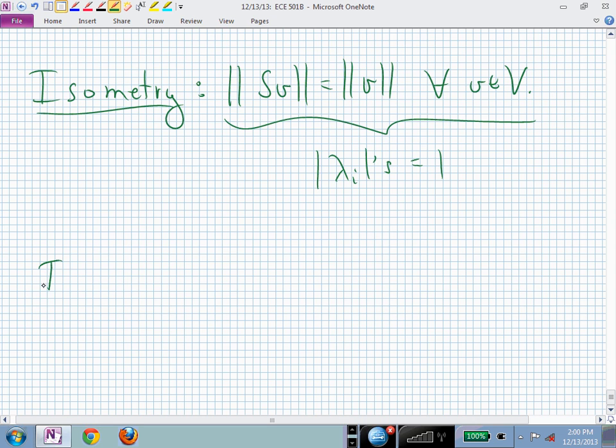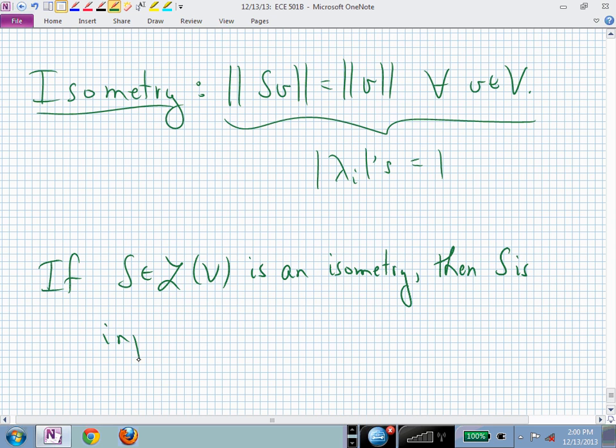If S is an isometry, then it also is injective.